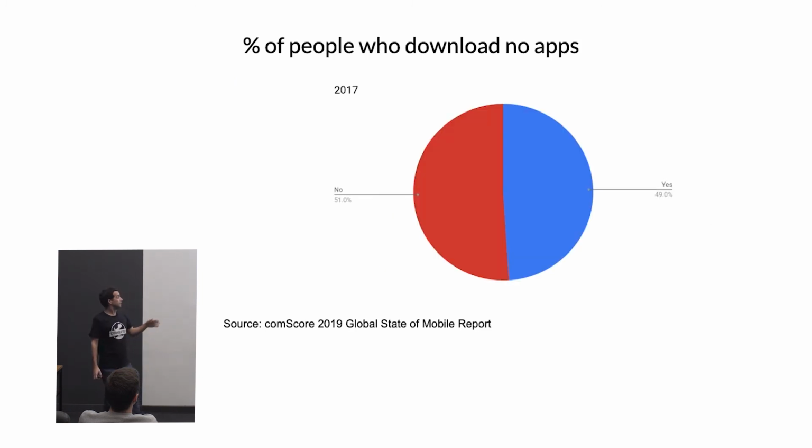If we see this through the years, in the 2017 report, only 51% said they didn't install any app, and this year this went up to 75. So the number of users that are installing apps is each day fewer.